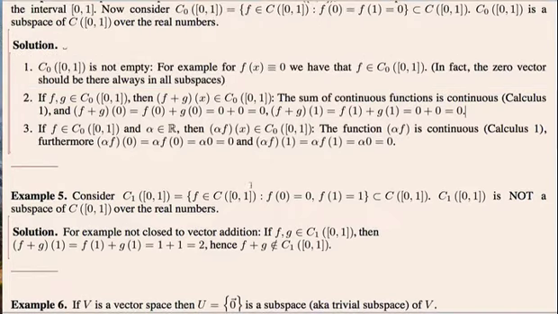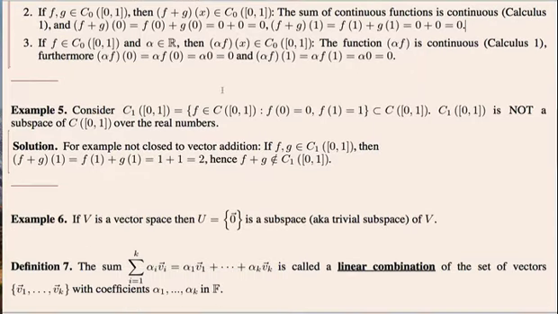I mentioned that the zero vector should be in all of the subspaces and vector spaces. In fact, if we just consider a set with only the zero vector in it, then this is a subspace of the vector space, and this is called a trivial subspace.